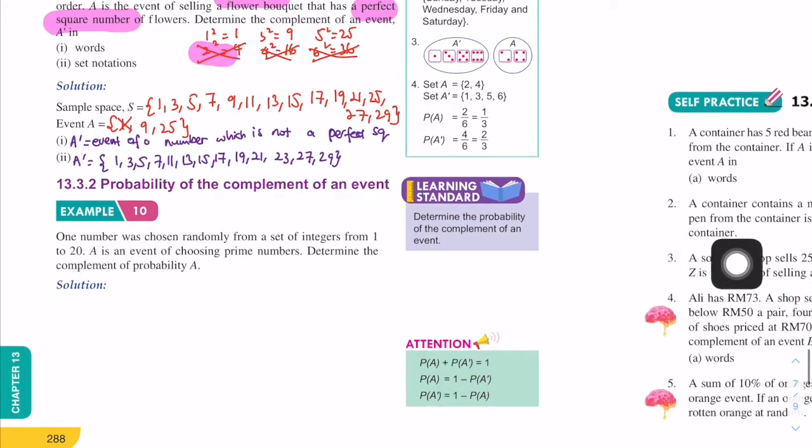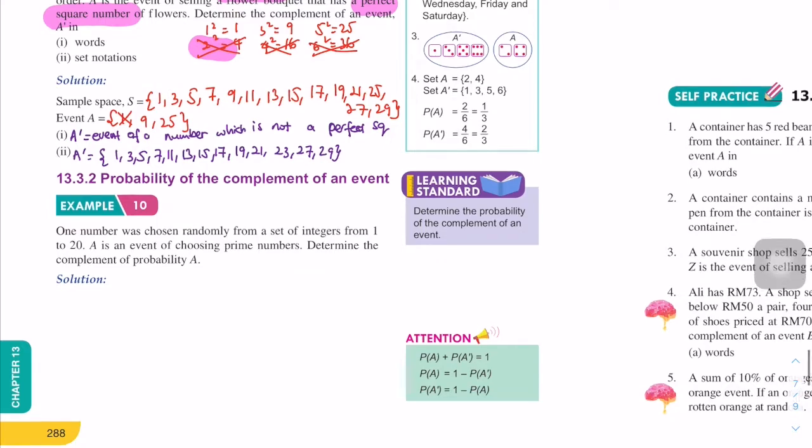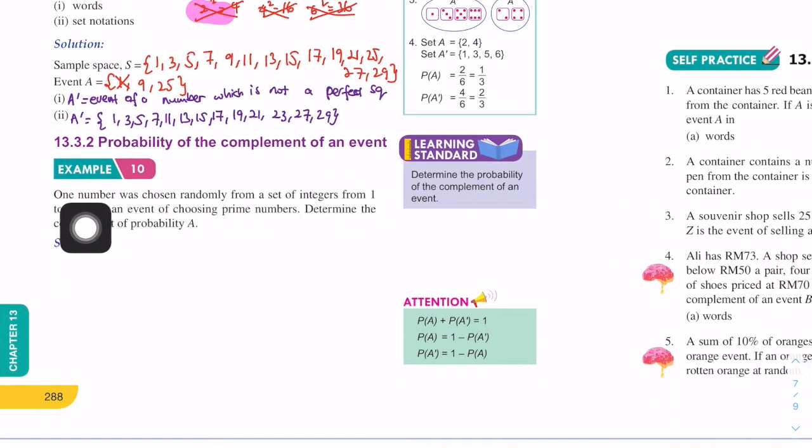Okay, next learning standard is determine the probability of the complement of an event. Example 10. One number was chosen randomly from a set of integers from 1 to 20. A is an event of choosing a prime number.